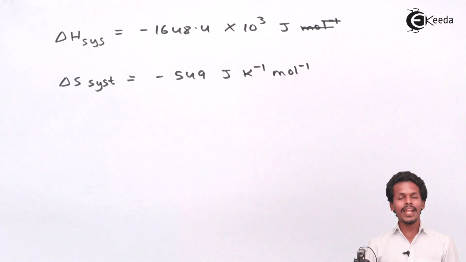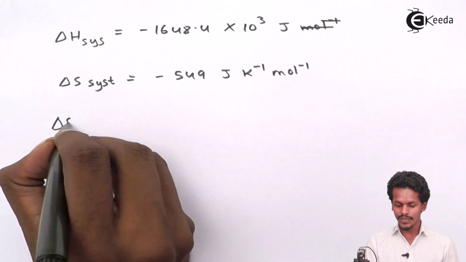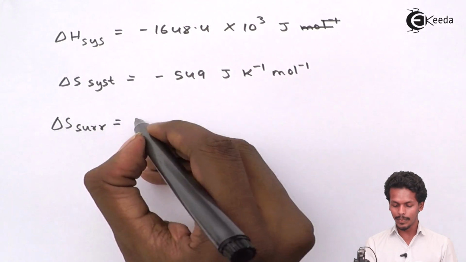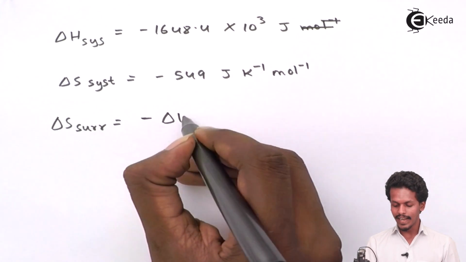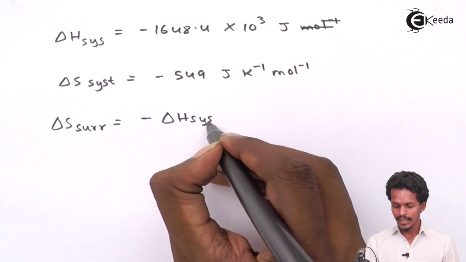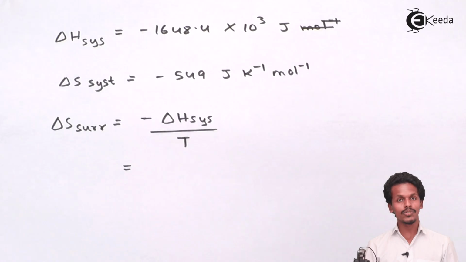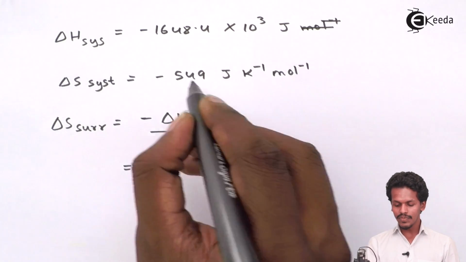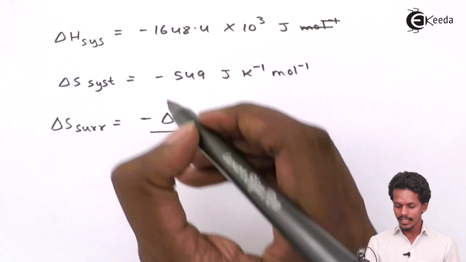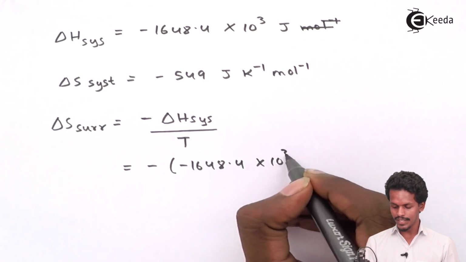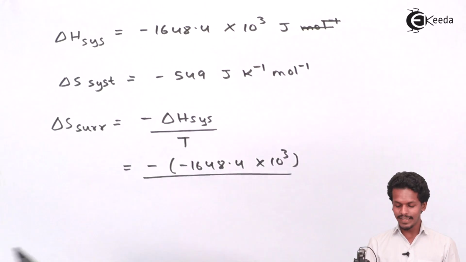So on that basis, we could estimate what would be the delta S of the surrounding. The change in entropy of the surrounding will be nothing but the minus delta H of the system divided by the temperature that they have provided to us, which is 298. So the delta H of the system, which was found to be minus 1648.4 into 10 raised to 3, the whole divided by 298.